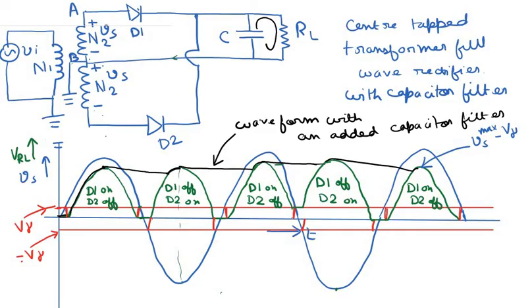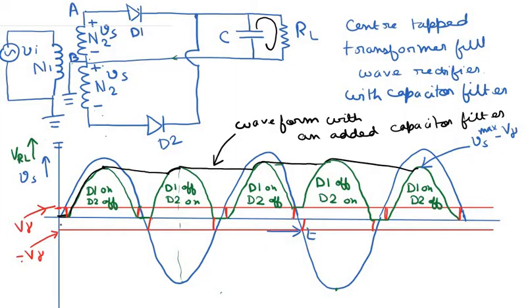Now note that in this case the capacitor charges twice during each cycle. For the half wave rectifier, the capacitor would charge once during each complete cycle. Each complete cycle is the total cycle of positive and negative parts up to here. So in one time period earlier, the capacitor would charge up once for the half wave rectifier with capacitor filter.